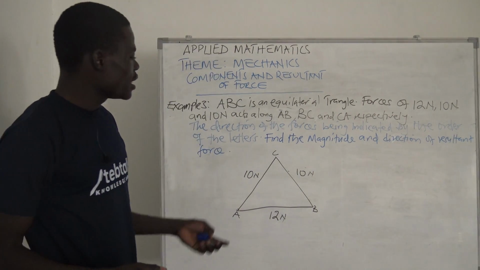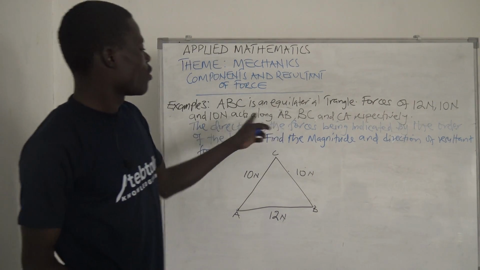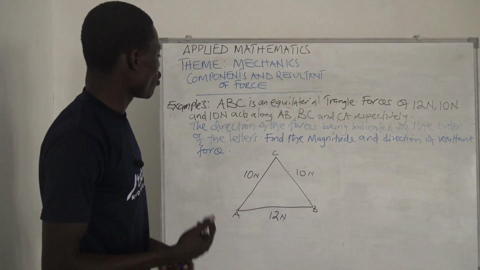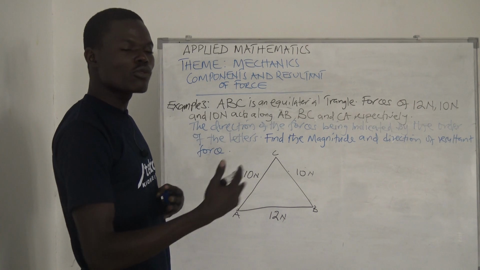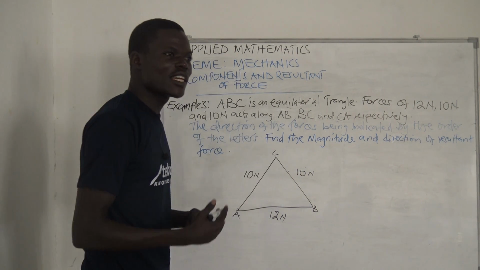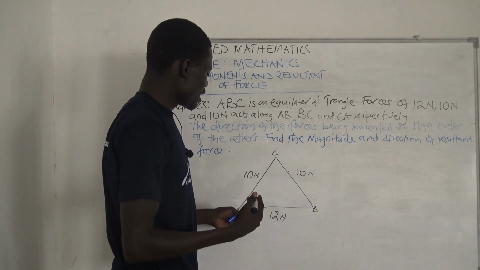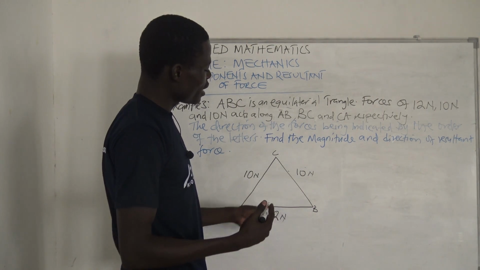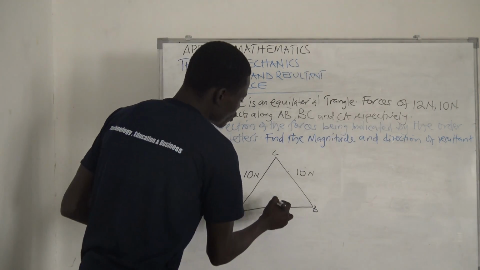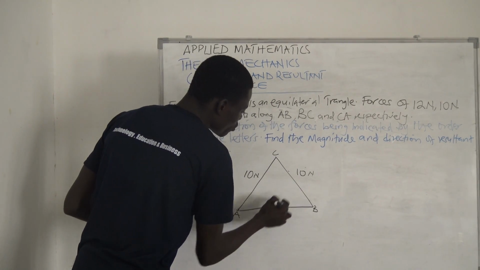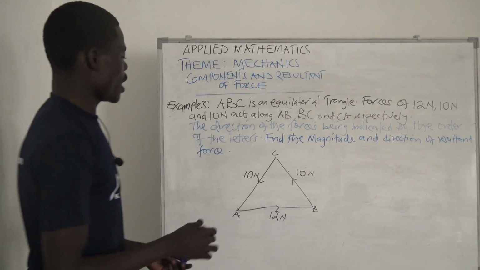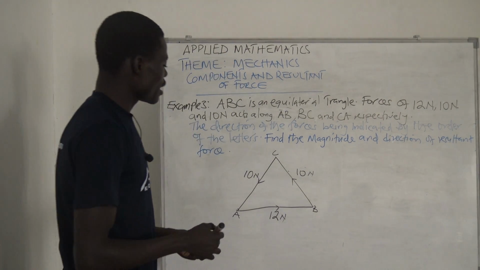They have said the direction of the forces is indicated by the order of the letters. Since we move from A, B, C, the order is in that direction. The first force, 12 between A and B, is in the direction of A to B. So you indicate the direction A to B, B to C, and C to A. This is our direction.